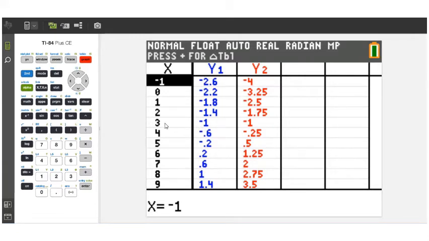And in the second equation, when x is 3, y is also equal to minus 1. And so that tells me that is the point of intersection: when x is 3, y in both cases is equal to minus 1.